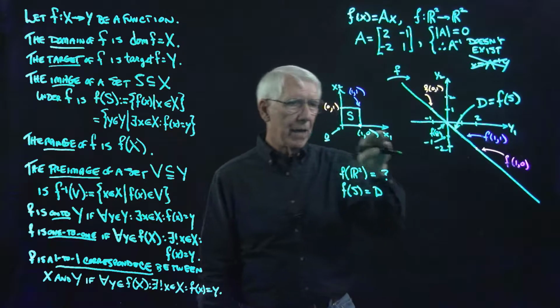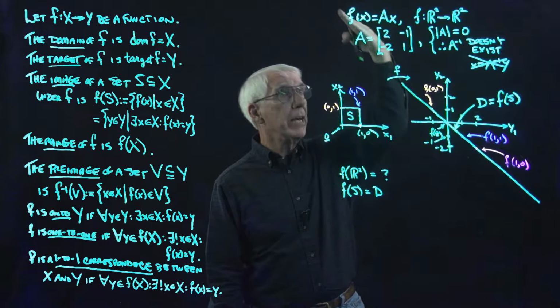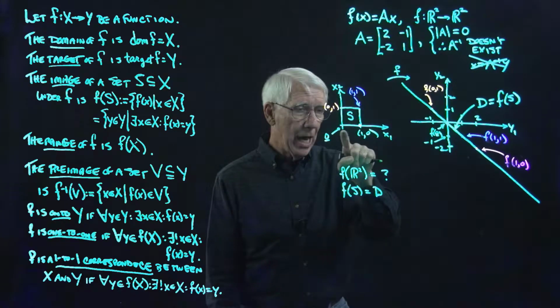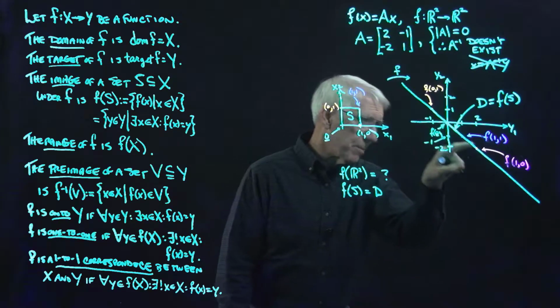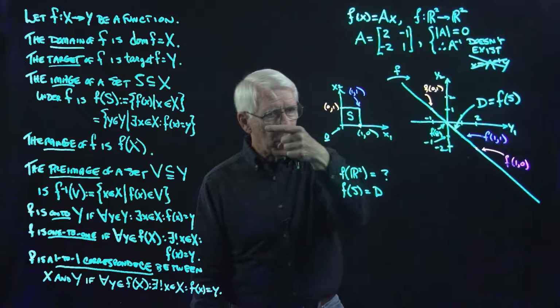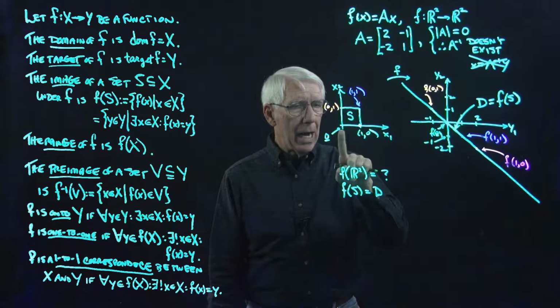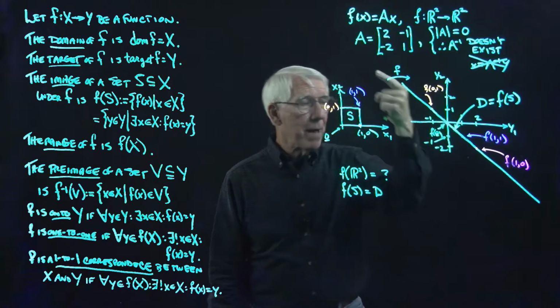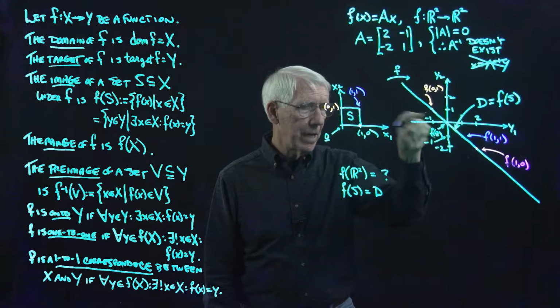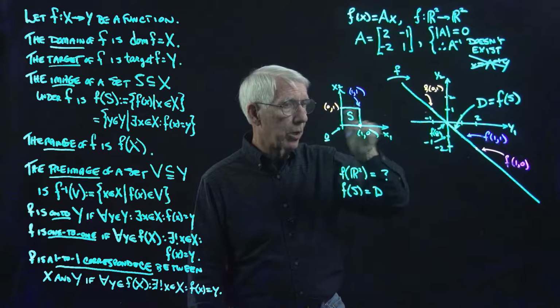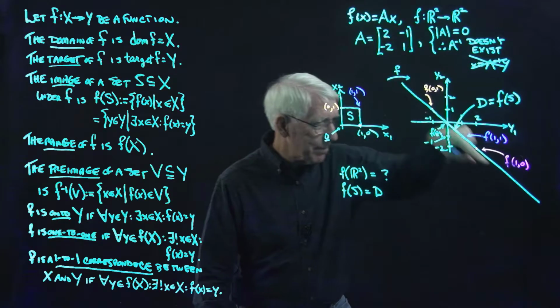I should have said if I had the whole x1 axis, it would be the whole line. The non-negative part of the x1 axis gets mapped to here. The negative part of the x1 axis gets mapped to here. The positive part of the x2 axis gets mapped to here, multiples of f of 0, 1. And the negative part of the x2 axis down here gets mapped to here.